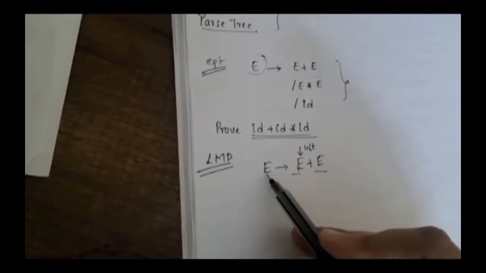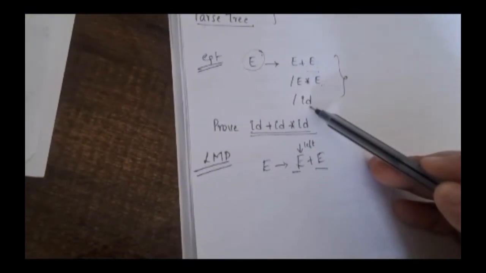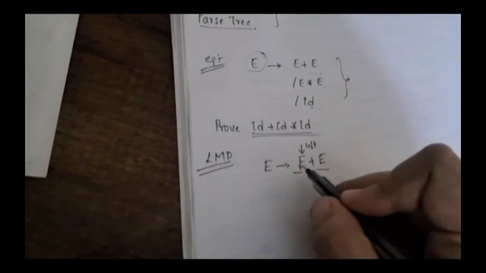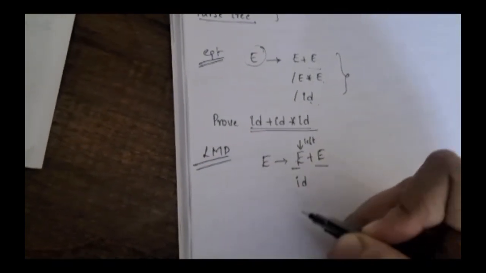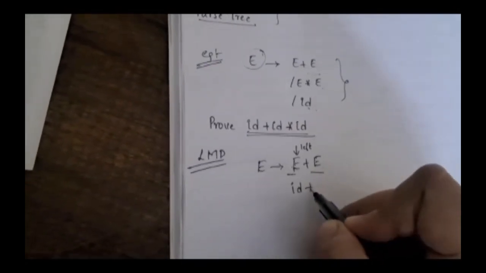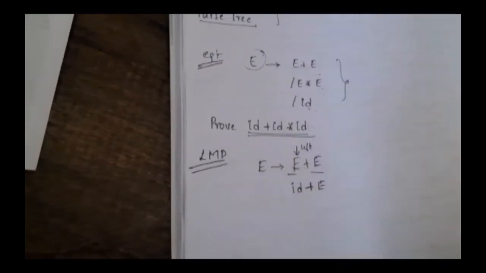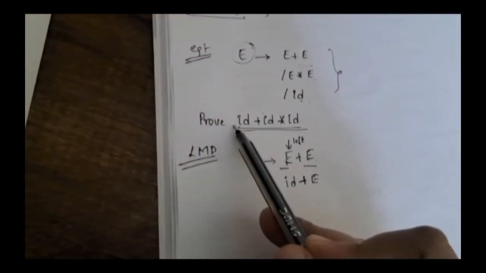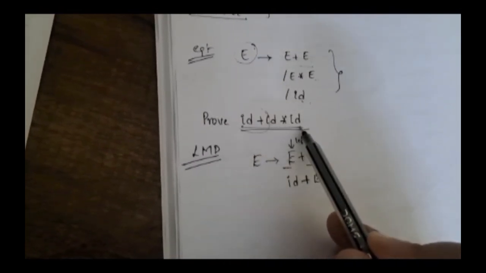Okay, so in place of E, I can substitute either E star E or ID. Now since here I have ID, I will substitute ID in place of E and write the remaining as it is. Now this part is proved, and I have this part left to be proved.